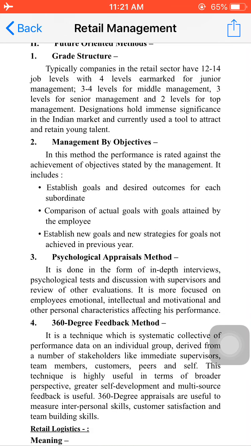Next one is management by objectives. It is nothing but each and every organization has objectives, aims, goals. Based on those aims and goals, how the individual is performing is most important.